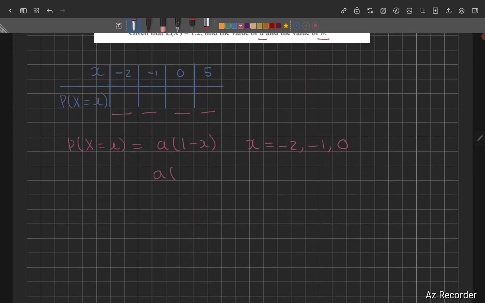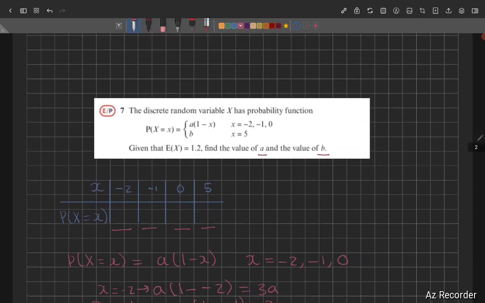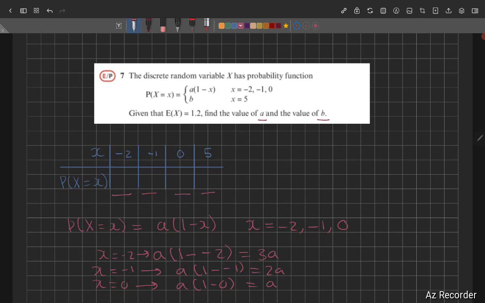So a(1 - (-2)), this is for x equal to -2, is equal to 3a. For x equal to -1, we get a(1 - (-1)), which is equal to 2a, and for x equal to 0, we get a(1 - 0), which is just equal to a. And as we can see, for x equals 5, the probability is just b.